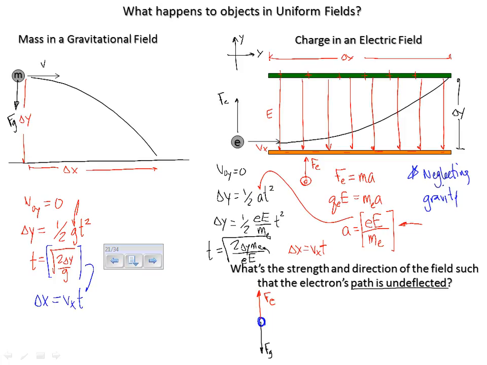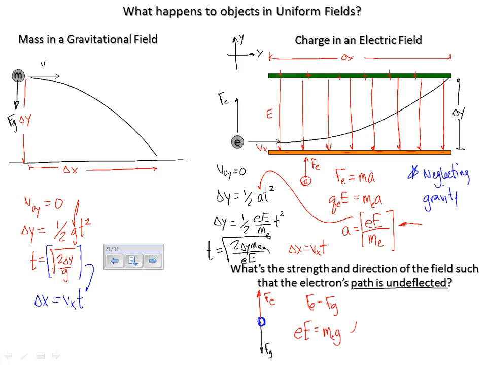Now, direction we'll get to in a minute, but if this path is undeflected, well, then we say these two forces are equal. Or we can write the strength of the electric force as Q times E. I'm going to stop writing it as Q. Since this is an electron, I'll write the charge as lowercase e. And this is mass of the electron times g.